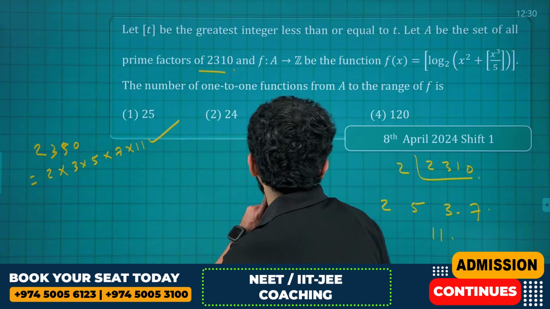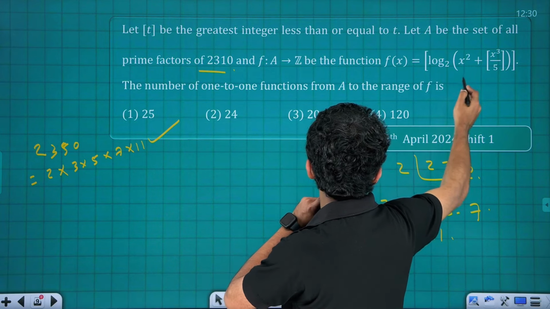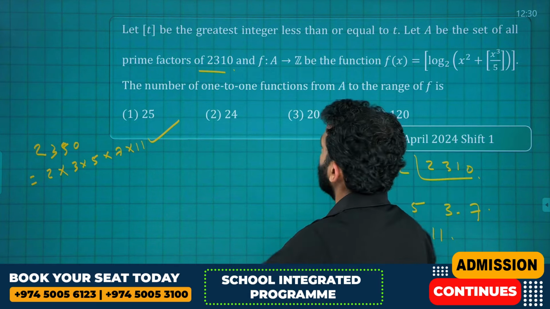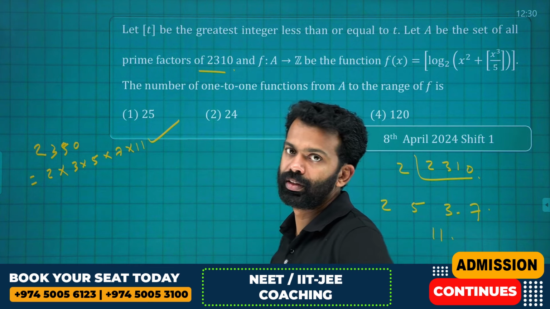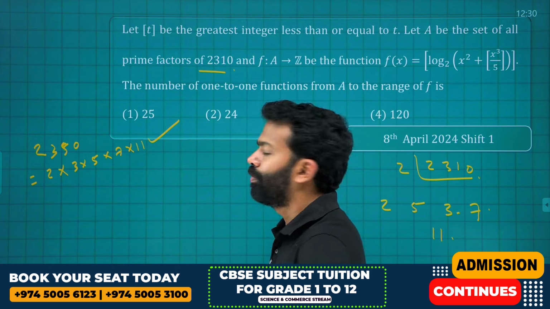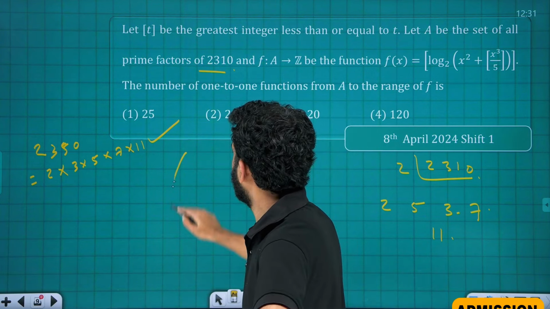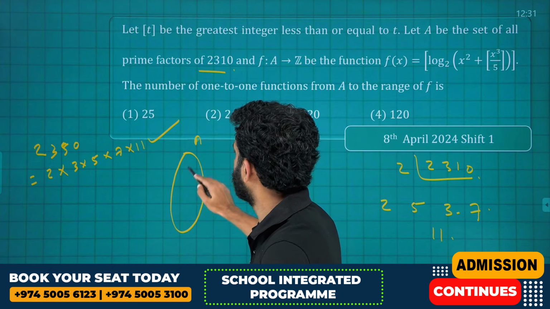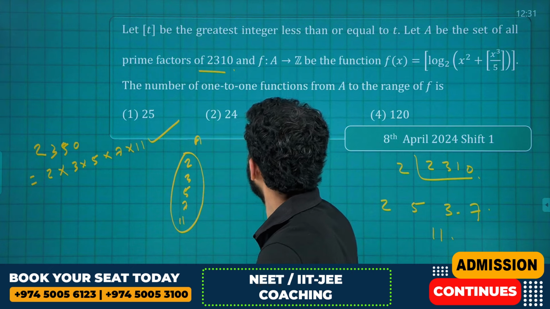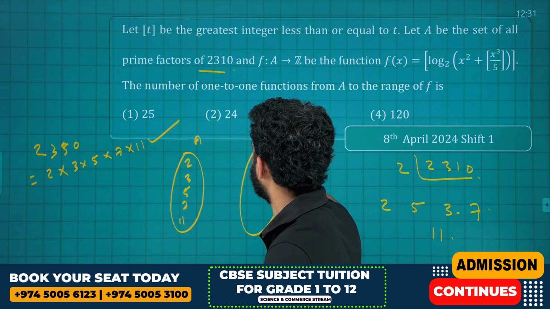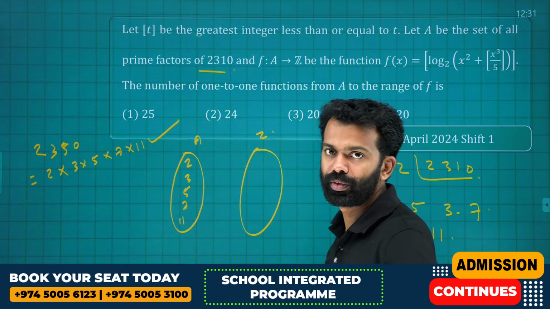So, they have given another function, f(x) = log base 2 of (x square plus x cube by 5). Then the number of one-one functions from A to the range of f is... here we already got the answer, because here we have A, which is 2, 3, 5, 7, 11, and here we have another set, obtained after substituting the values.